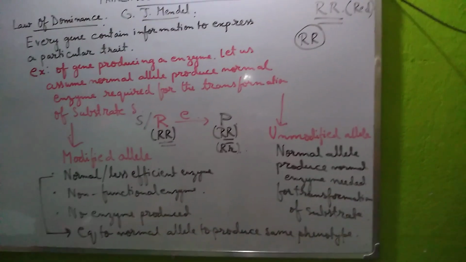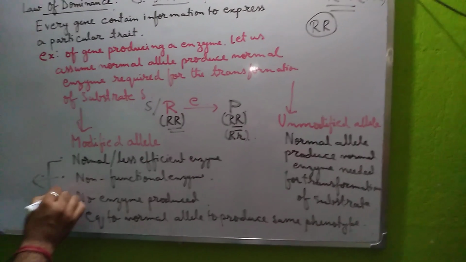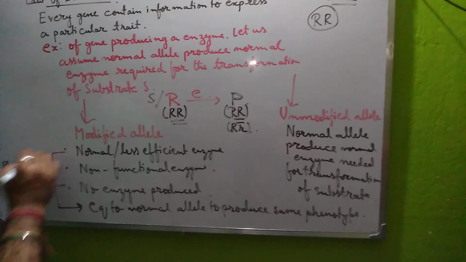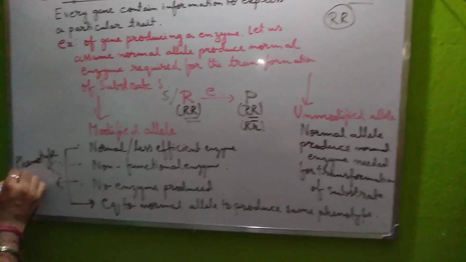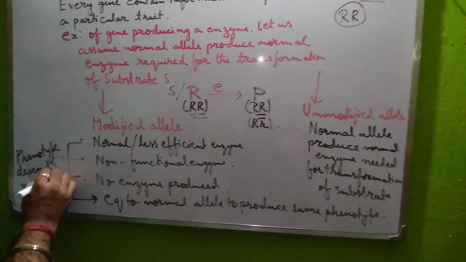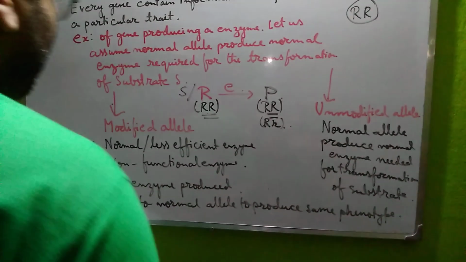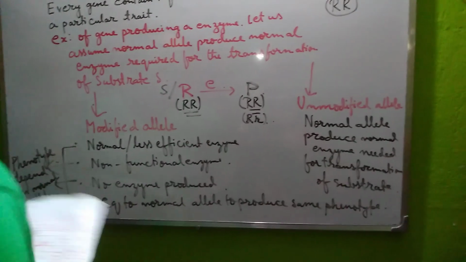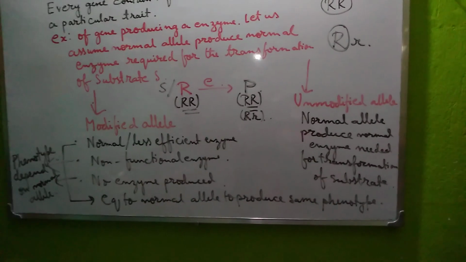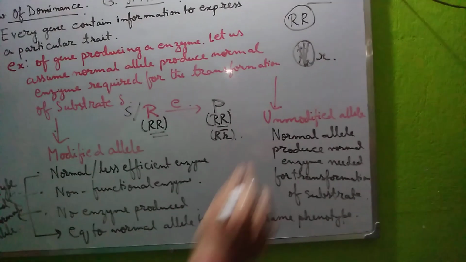And non-functional enzyme or no enzyme produced, it depends upon the phenotype. Means phenotype depends on the normal allele. Non-functional means, suppose just think of an example. Out of the two alleles, capital R and small r, this one is a dominant one. Now suppose this allele is unable to function at that time, then which one will be functional?